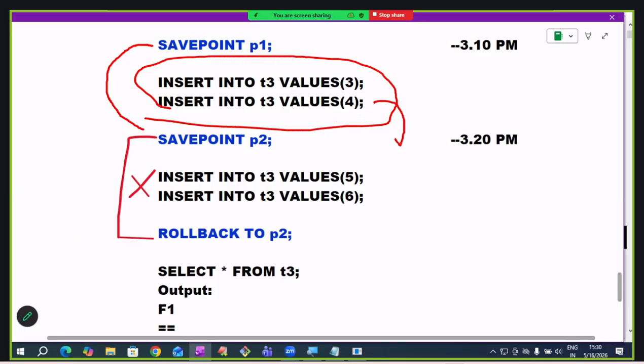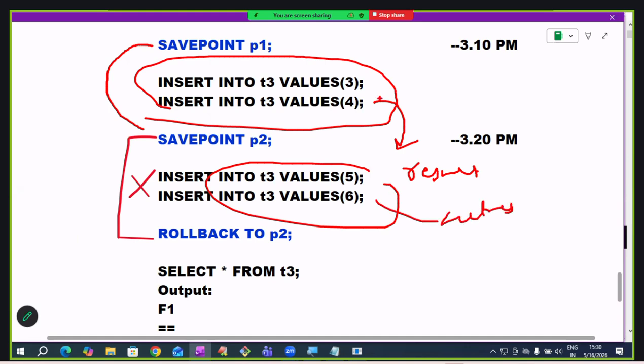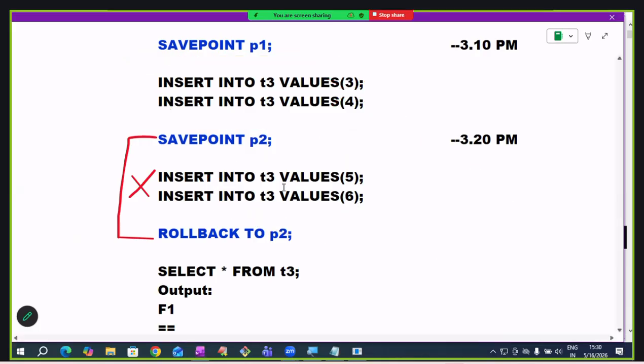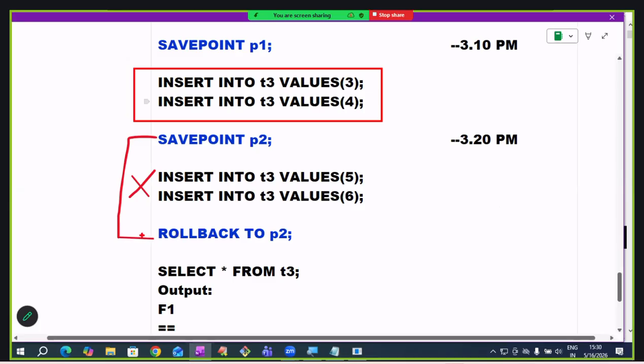Sometimes based on this result we perform these actions. If these actions are cancelled, this result is wrong and these actions will be affected. That is why we cannot cancel middle actions like this. You can cancel up to P2 or up to P1.